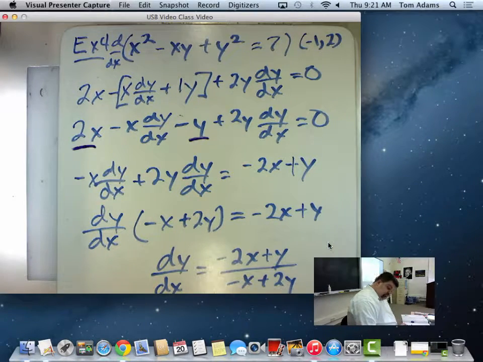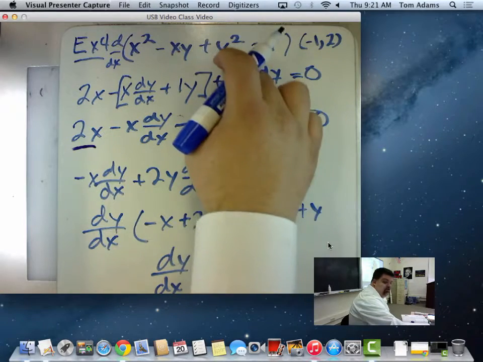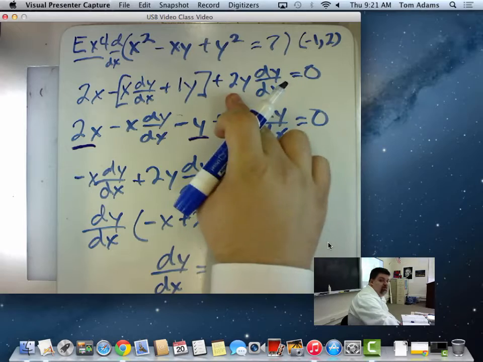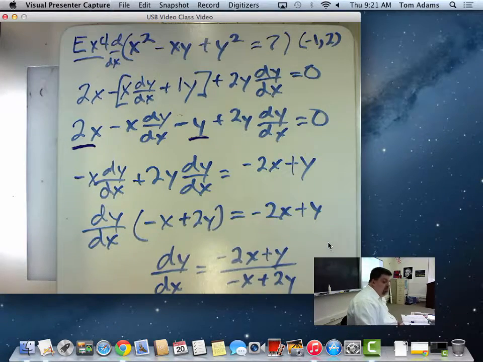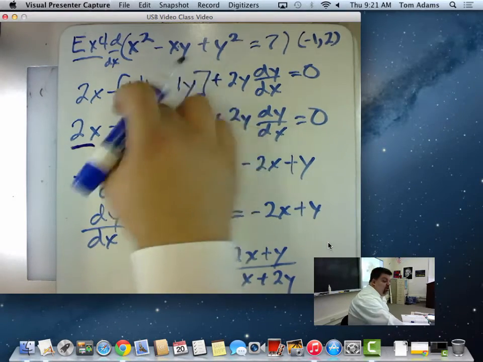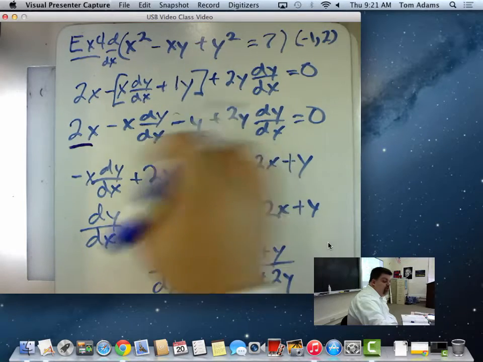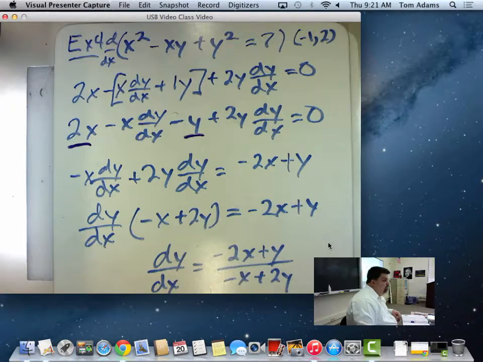Wait, isn't it 2y though? What's 2y? Because it's y squared. Yeah, at the very top here, this is y squared, so when we differentiate it, we get 2y dy dx. Oh, you did okay. This is product rule. We had to do the product rule here, so these two terms are from the product rule. That was my bad.